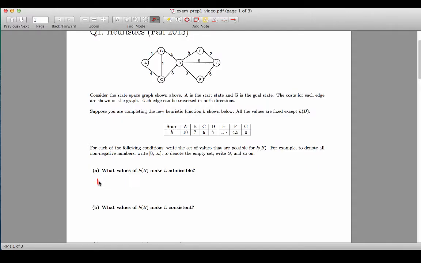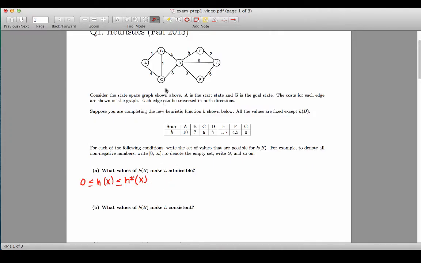An admissible heuristic is one such that h of x, the heuristic of that state, never overestimates the cost from that state to the goal, which we'll denote as h star of x, and also that h of x is always non-negative. So in this case, we're concerned with h of b, and so we need to determine h star of b.